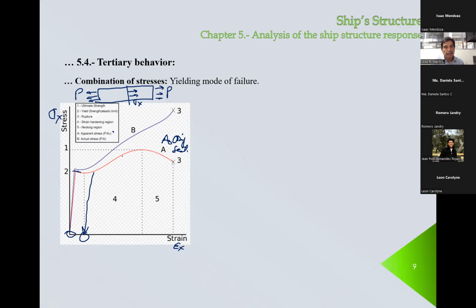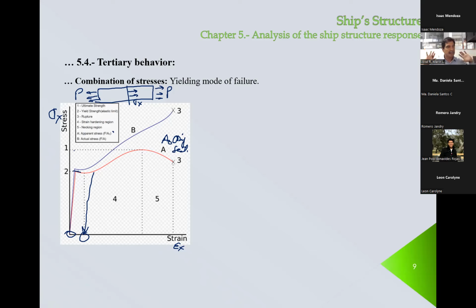In the case of the red curve, we recognize the maximum stress, sigma 1, as what we call the ultimate strength, the ultimate limit state. If you apply in this situation a value of stress higher than sigma 1, that means that the structure cannot sustain that.